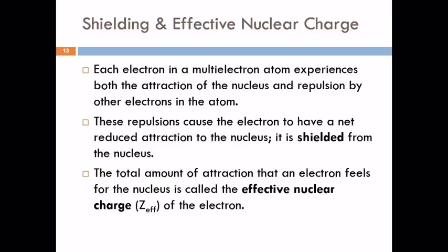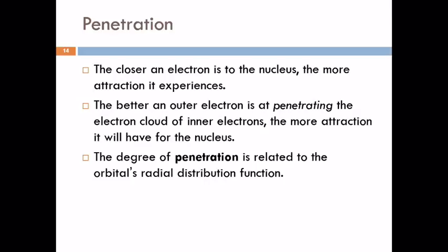So that's the effect of decreasing the charge on the nucleus. The charge on the nucleus is the same, but because there are these other electrons between the nucleus and the electron we're looking at, the net charge on the nucleus appears lower, and so the force of attraction is less.